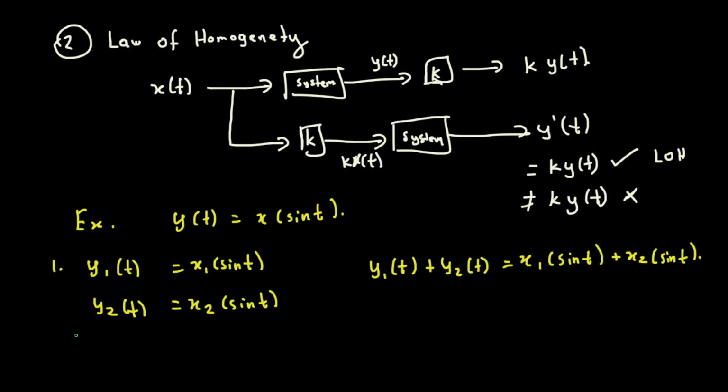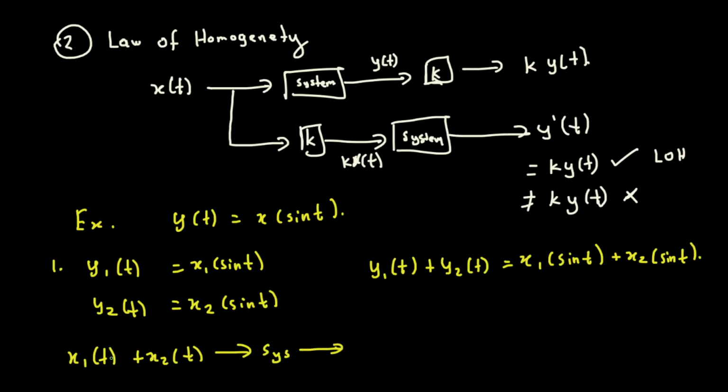Then we do the same thing for the inputs. Here our input is x1 of t plus x2 of t, and we feed this to the system, and the system converts whatever the time is into sine t.